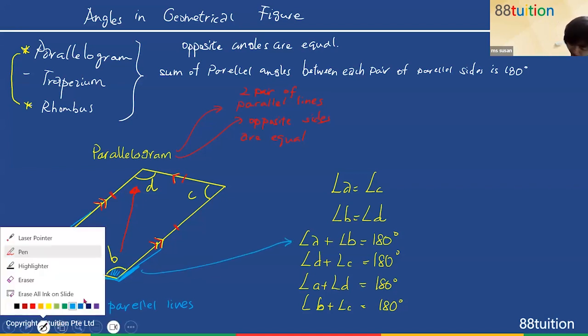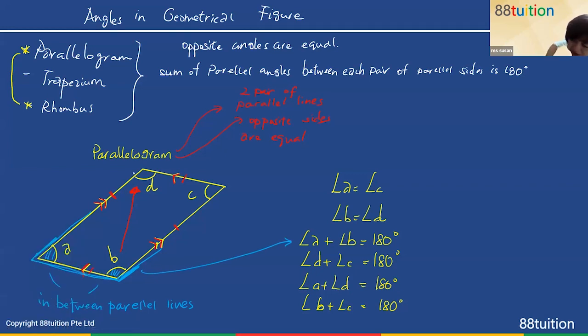And then you can have another way here. You look at this thing. It is something like another thing that is kept on it, right? So again, these two angles, okay, are in between parallel lines.